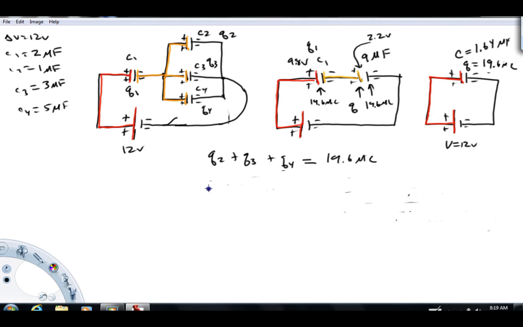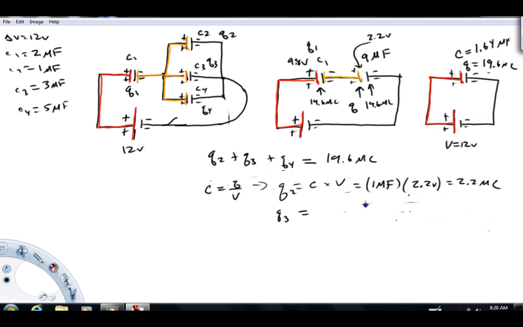Since capacitance is charge over voltage, and we know the capacitance and the voltage, I'm going to rewrite this: Q equals capacitance times voltage. For this guy right here, we have the capacitance C2, which was 1 microfarad, times the voltage across it, which we know to be the same as this guy, 2.2 volts, and we end up with 2.2 microcoulombs for charge 2.